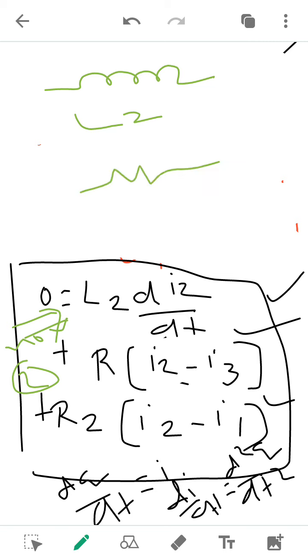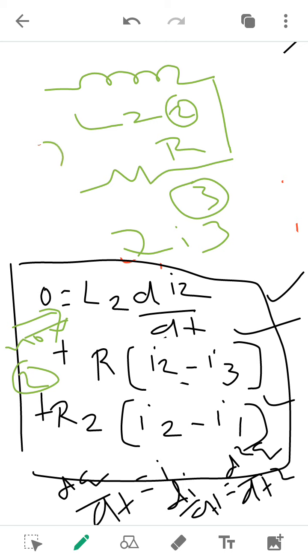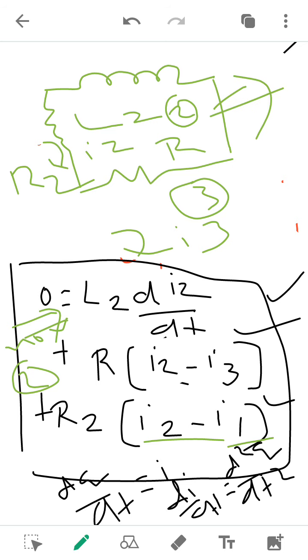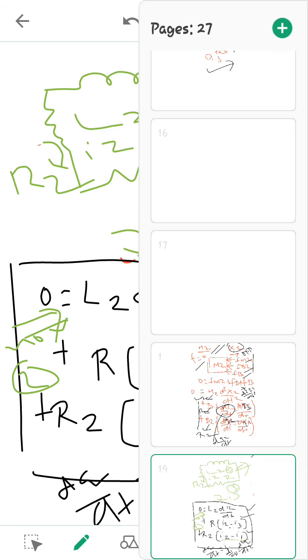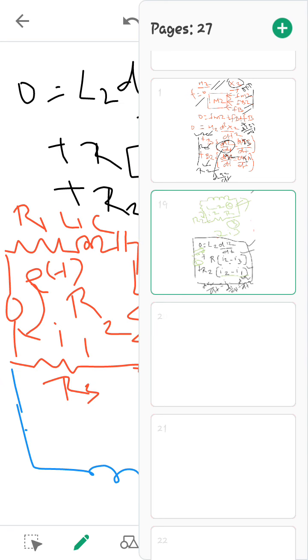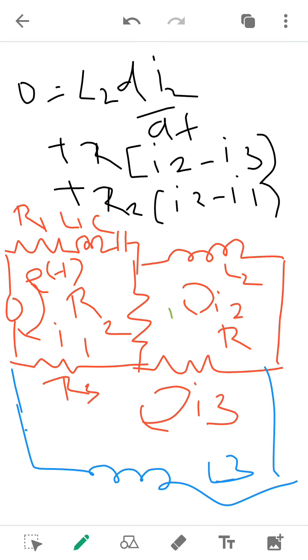I3 is the current here, I2 is the current here, and between the second and the first mesh we've already seen that R2 is common. This is your mesh number 2.